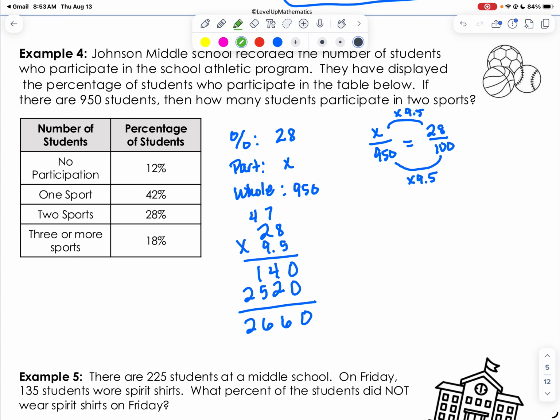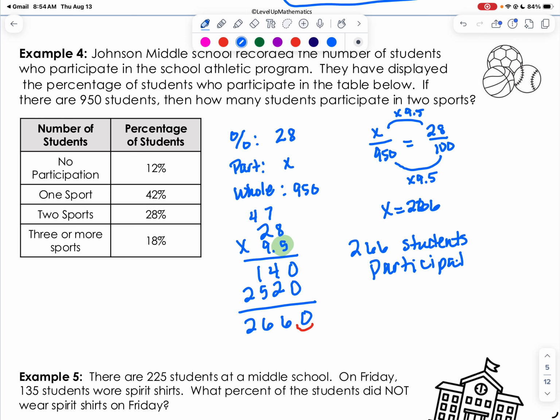That's because we're working with decimals here, and I have one number after the decimal, so I need to move my decimal in one place, and that would give me 266 students. So 266 students participate in 2 sports.